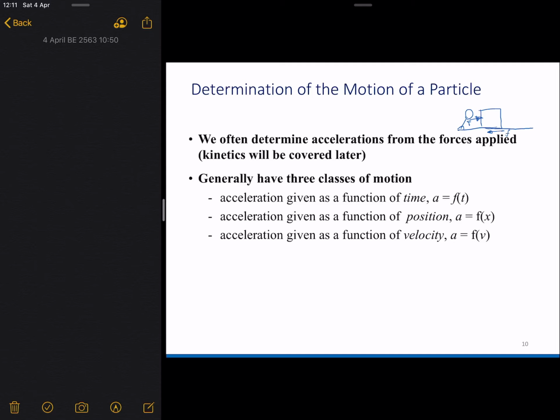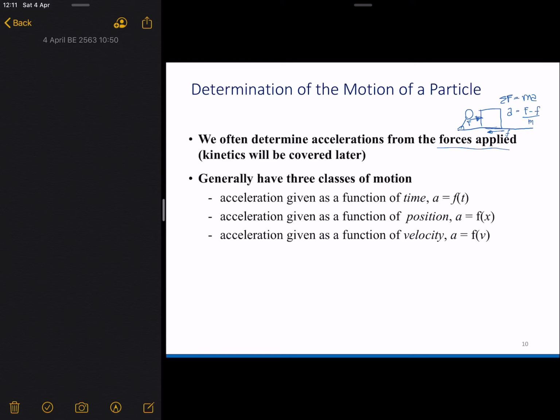And normally we say sigma F equals ma. So to say, we often use the force applied to determine the acceleration. For example, in this case, a equals F minus friction force over m.